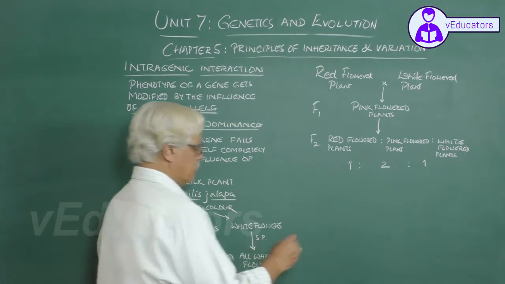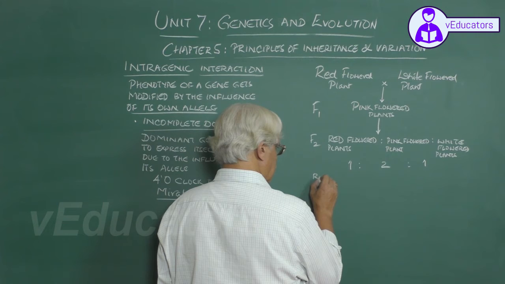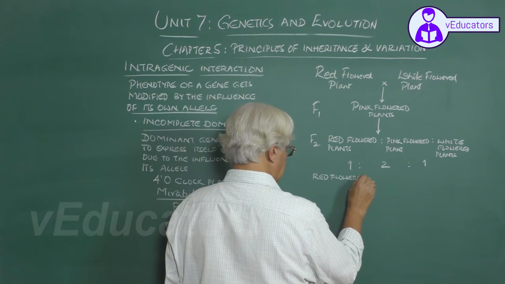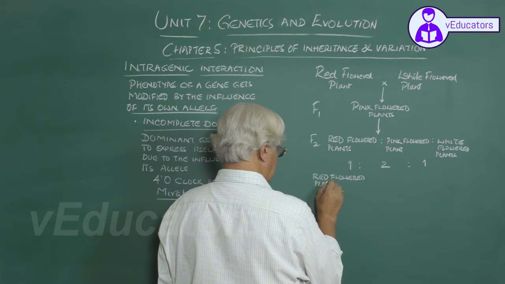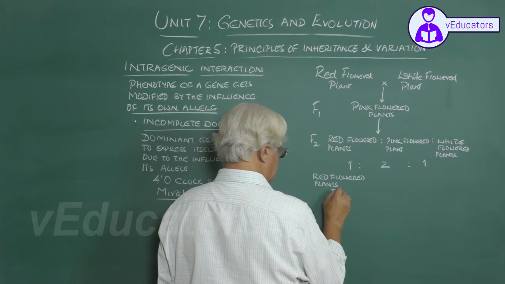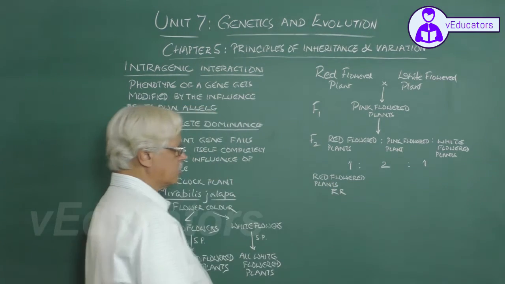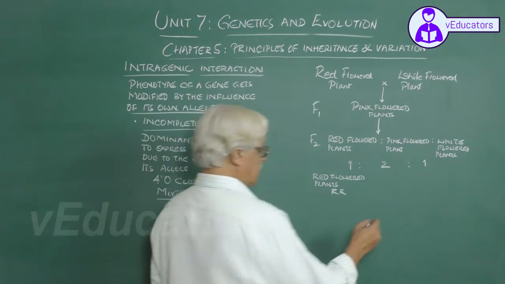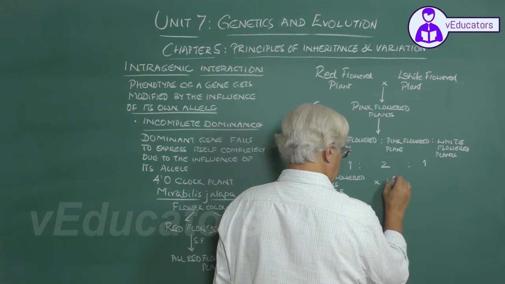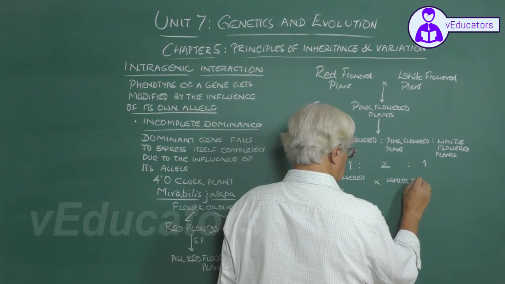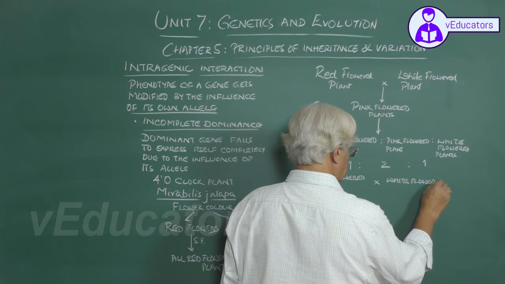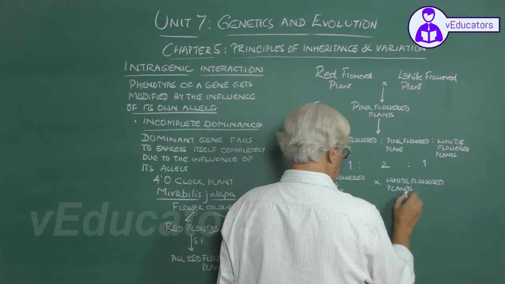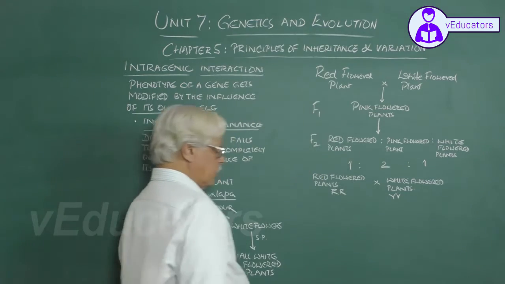Now suppose we represent the red flowered plants as capital R homozygous, white flowered plants as small r.